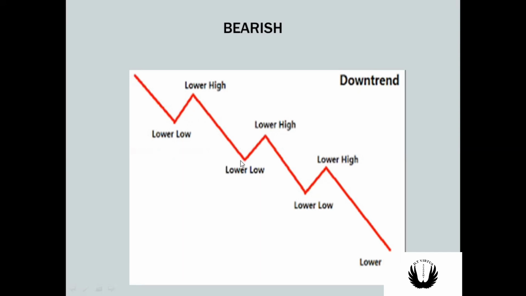It has to be lower than the previous low, hence the name lower low, lower high. So here it is low, but it is lower than the previous low. Here it is high, but it is lower than the previous high. You get it, so we have lower high, lower low, lower high, lower low, lower high, lower low.